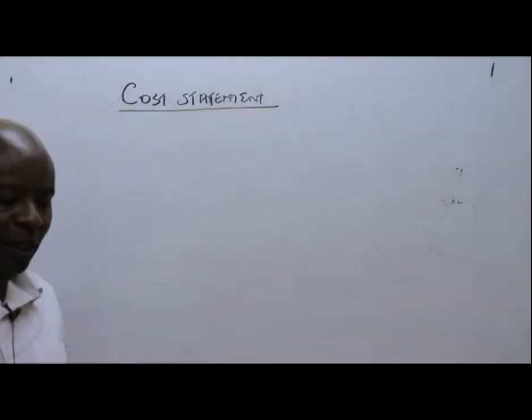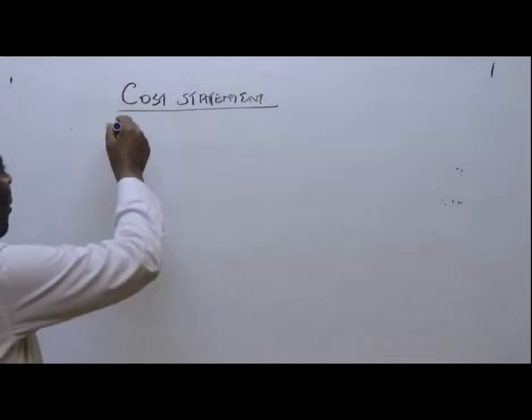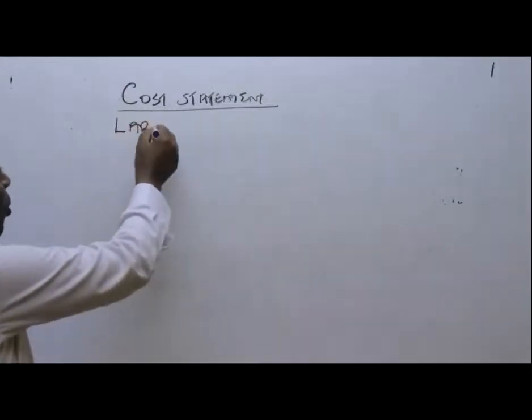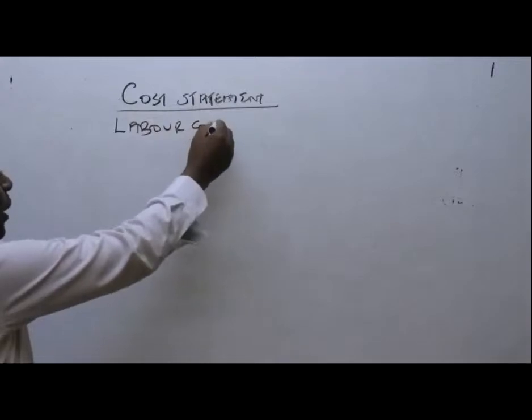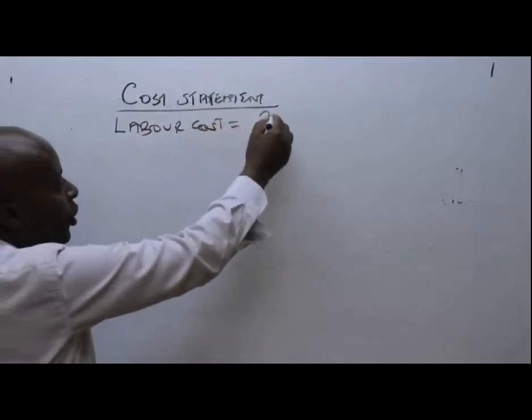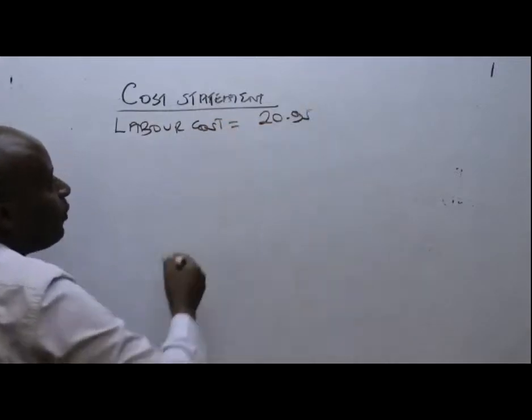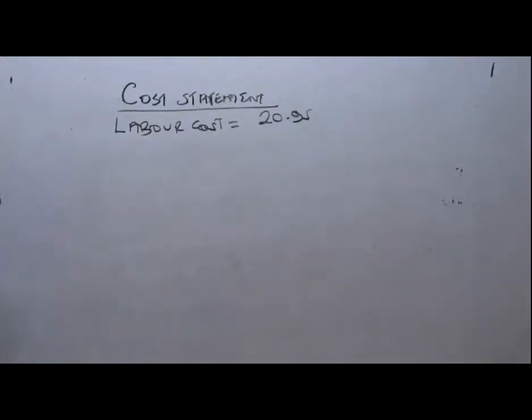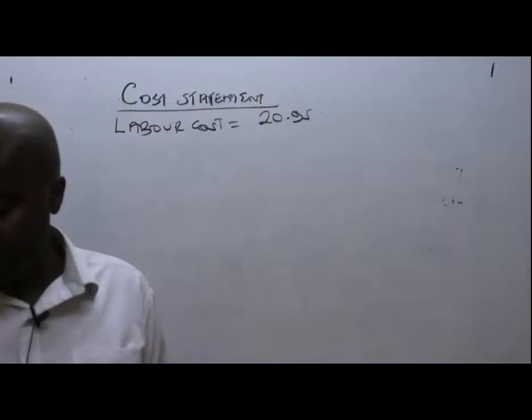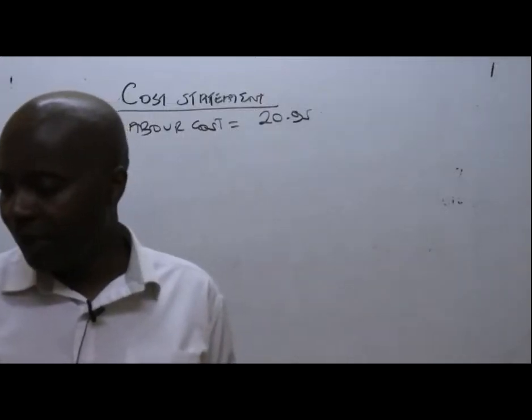For the cost statement, what we have here, number one, is the labor cost. I'll start with it so I don't forget it. The labor cost for each chair is 20.95. How about materials? What have they told us?